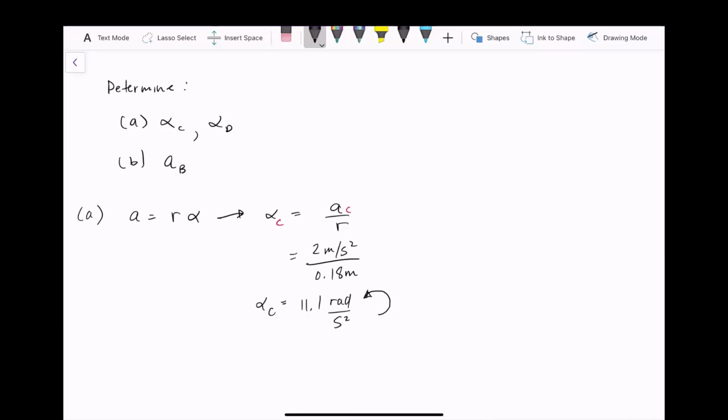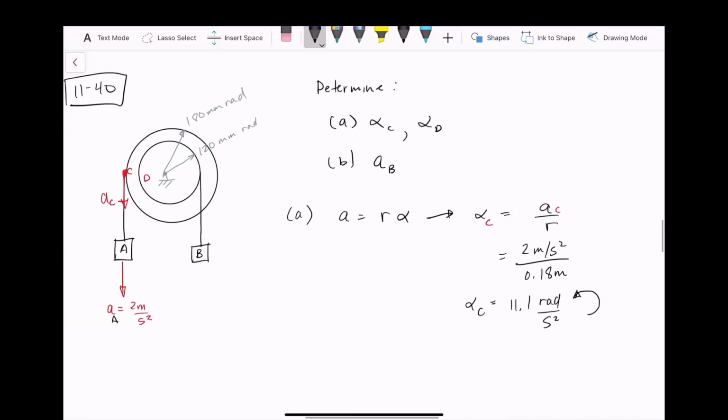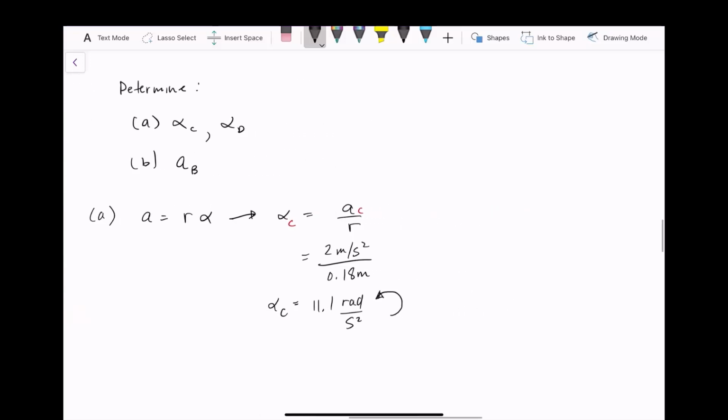But what about for B? We don't have a linear velocity for B, do we? Although we could assume that since A is going down, B would have to be going up. The other thing, though, that's even easier than this is to remember the fact that these two pulleys are fastened together. That means their angular accelerations and their angular velocities are tied together at any point on those pulleys.